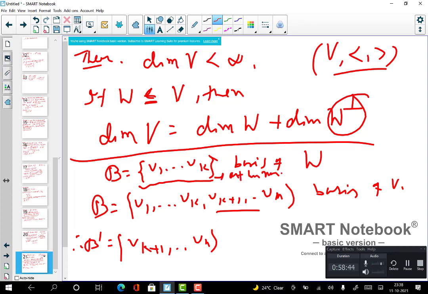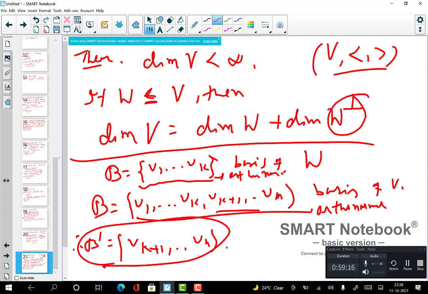Then you extend it to an orthogonal basis of V using the Gram-Schmidt method, and because orthogonal bases are also linearly independent, you can first extend these to a basis, and then make it an orthonormal basis. After all this process, suppose this is an orthonormal basis B, then the rest of these will be an orthonormal basis of W perp. So W perp will be spanned by this B dash.